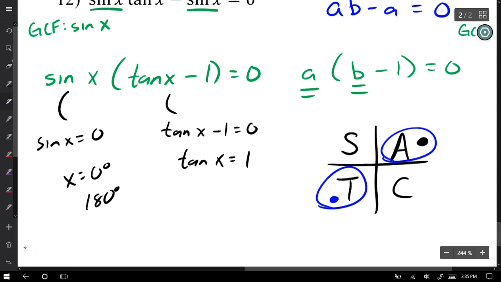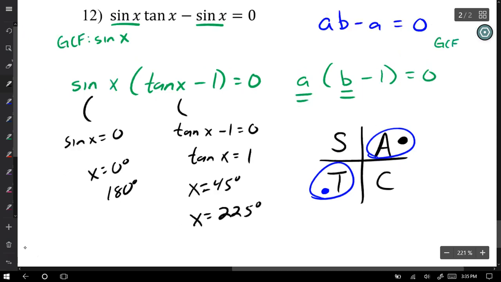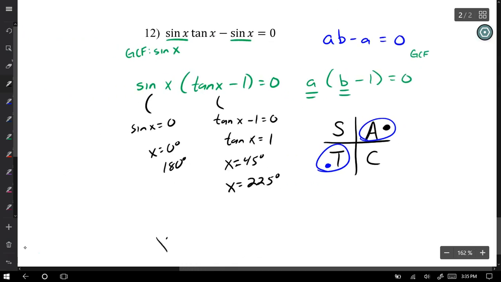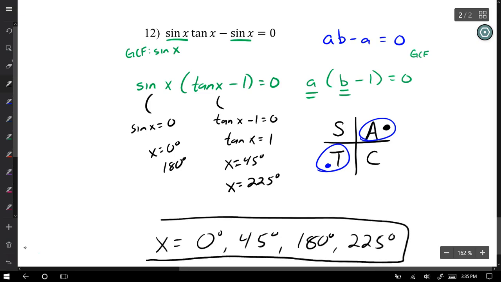When I go to my trig chart, I know where to look. And for this case, those would be x equals 45 degrees and x equals 225 degrees. Again, it's me, so I like to put everything in numerical order. And there are the answers: our 0, our 180, our 45, our 225.